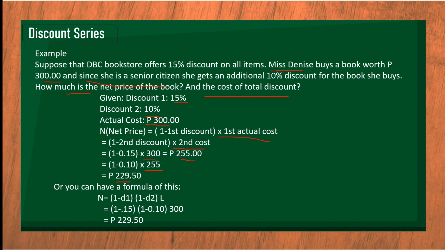Or you can have the formula N is equal to (1 minus D1)(1 minus D2) times the list price, which is equal to (1 minus 0.15)(1 minus 10%) times the list price, which is 229.50 pesos.